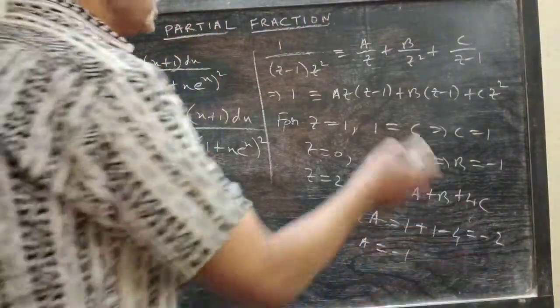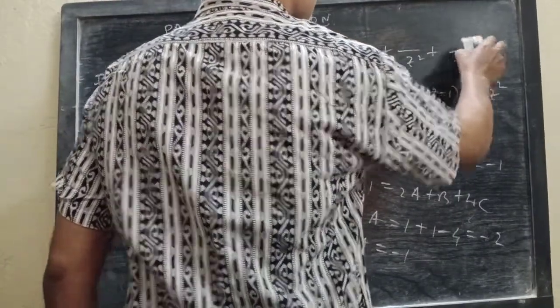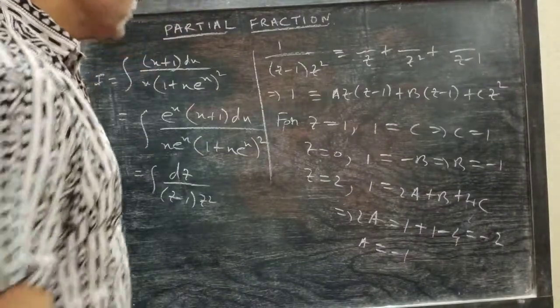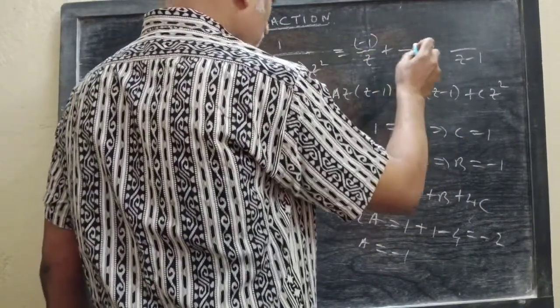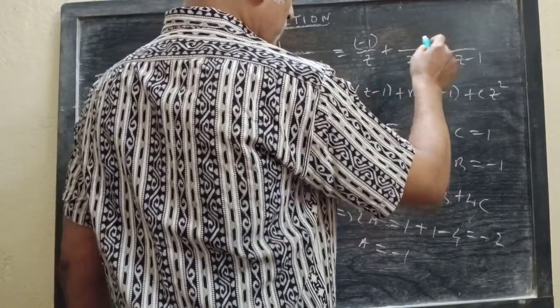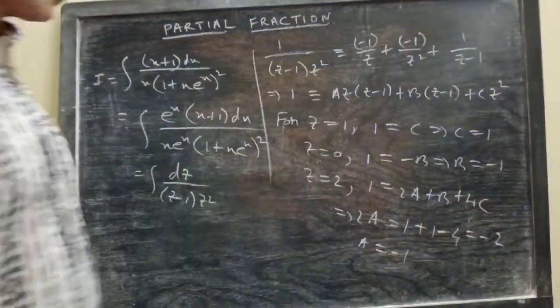So after getting the values of the constants, you have to substitute the values here. So you get minus 1 by z, b is also minus 1, minus 1 by z square, and this is 1 by z minus 1.